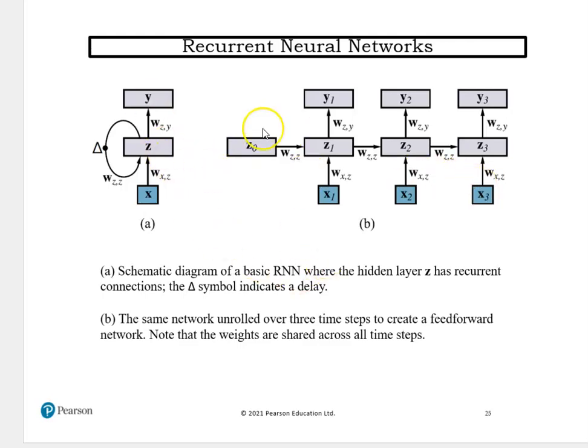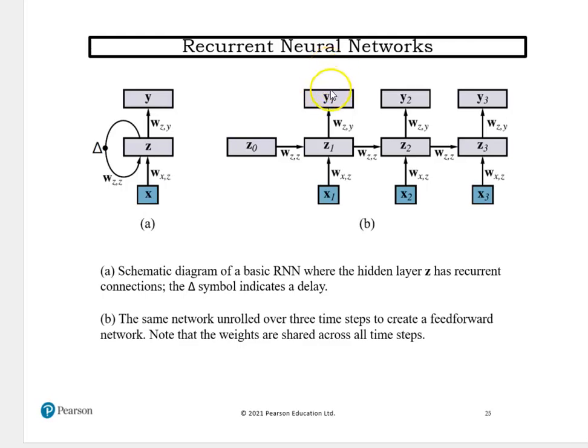Now, if you unroll this over, for example, 3 time steps, then X1 here is your very first input at time step 1, which goes into hidden layer Z1 and gives you output Y1. Now, that output Y1, you can feed it in with the new input X2, or you can compare it to the true value at Y1 and calculate a loss.